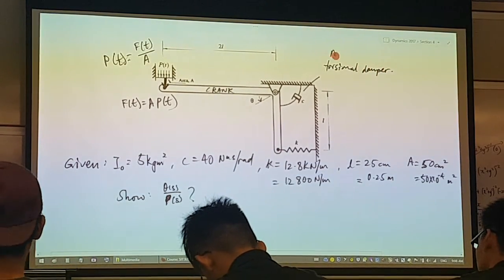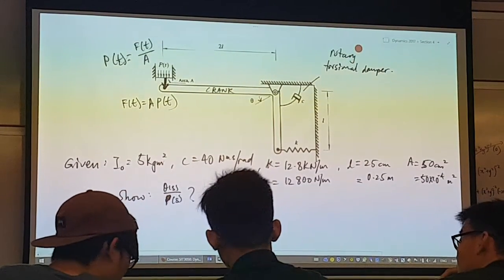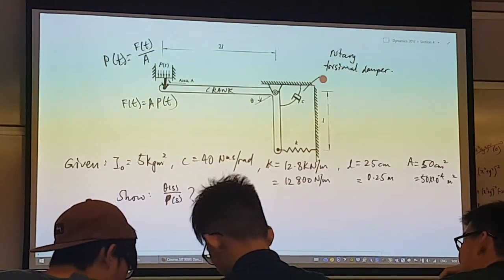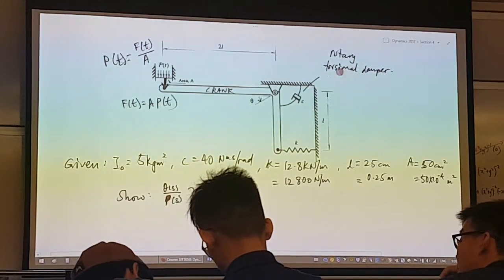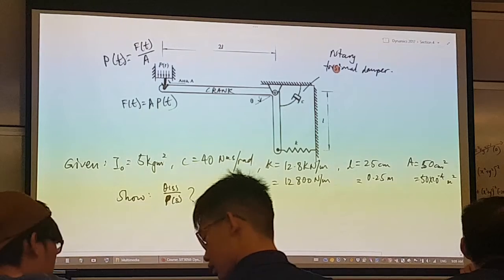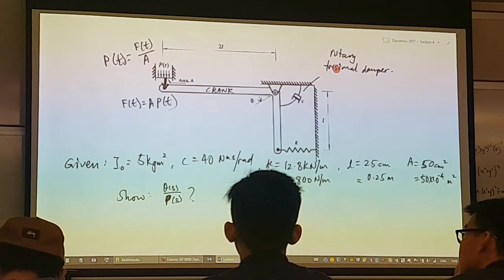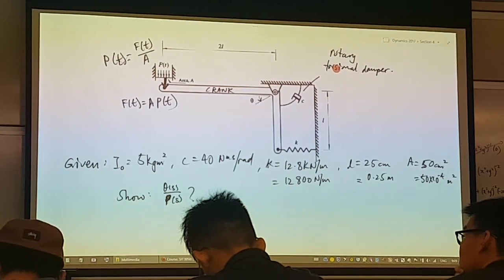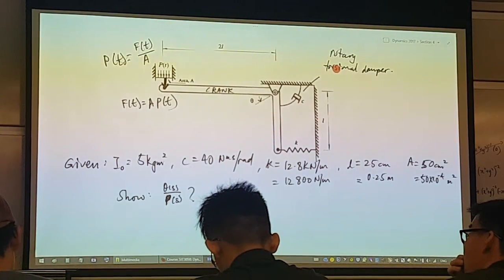So what you have learned is rotary or rotational damper. There are just different ways to say the same thing in different textbooks. And in this case, in 1999, it was taught as torsional damper. Actually, rotational damper or rotary damper sounds more intuitive rather than torsional.